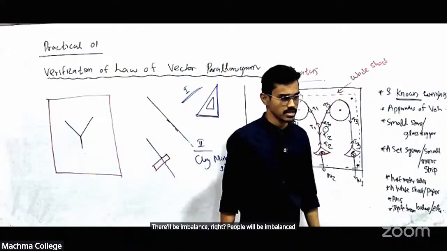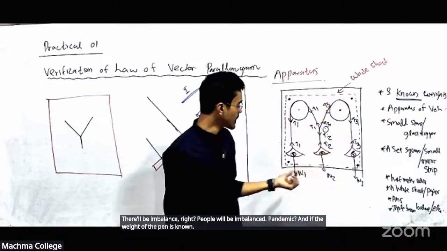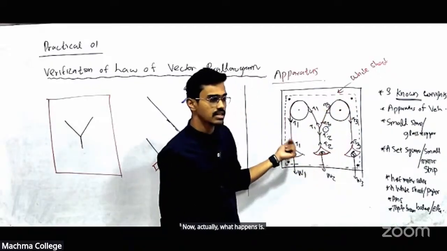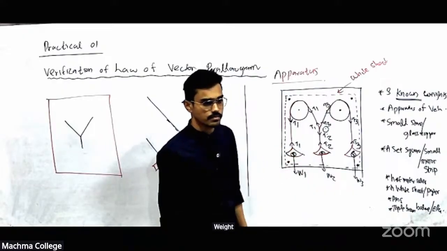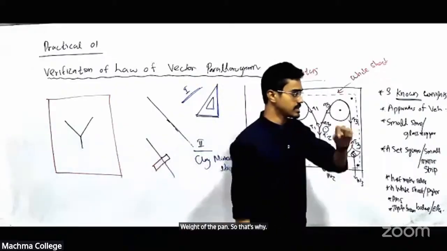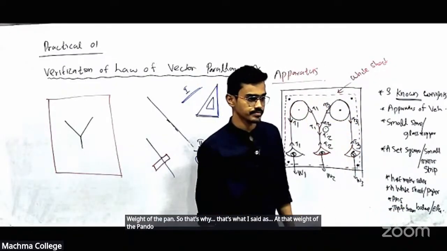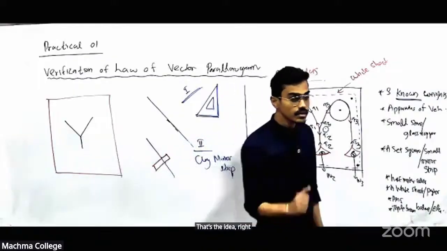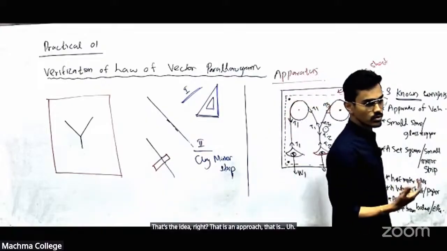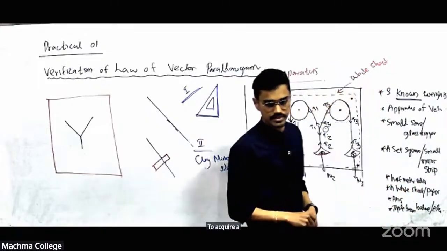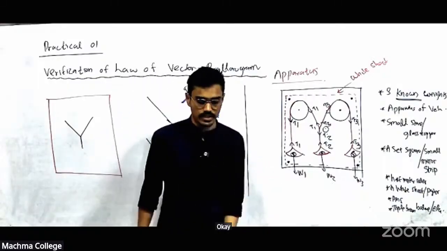And if the weight of the pan is known, T1 counterbalances W1 plus weight of the pan. So that's what I said as add that weight of the pan to known weights. That is a precaution we take to acquire higher accuracy. Okay, next point.